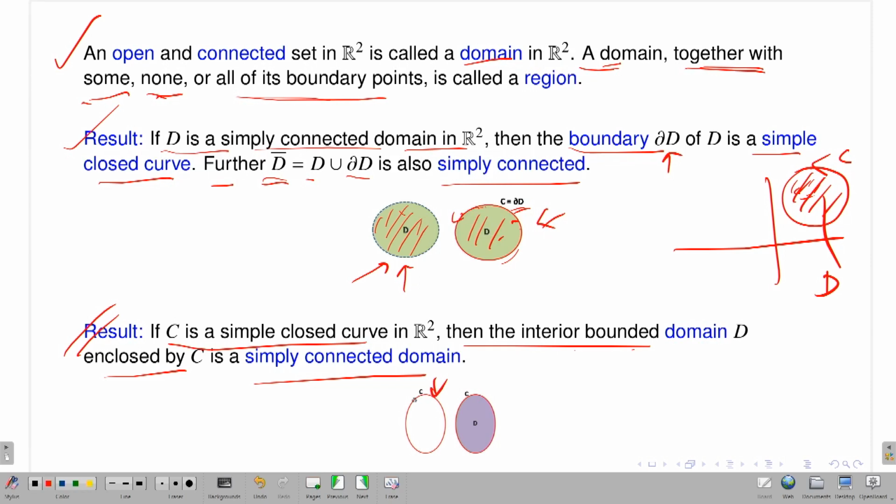This is my simple closed curve C, and this is the region D enclosed by it, which is simply connected. And if I start with a simply connected domain D here, then the boundary is a simple closed curve. So it is vice versa. A simply connected domain in R2 has a boundary that is a simple closed curve. If I start with a simple closed curve and look at the interior bounded domain enclosed by it, it becomes a simply connected domain.